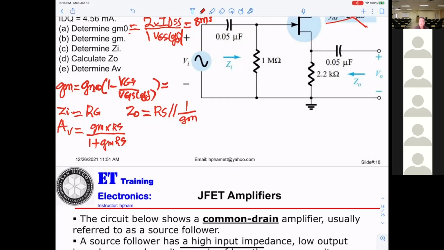Who got the GM? GM is 23.5 millisiemens. 23.5. ZIN is 1 meg. Exactly.